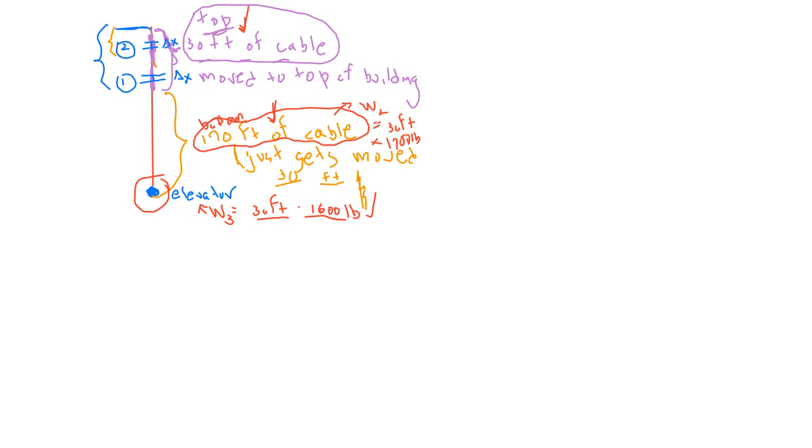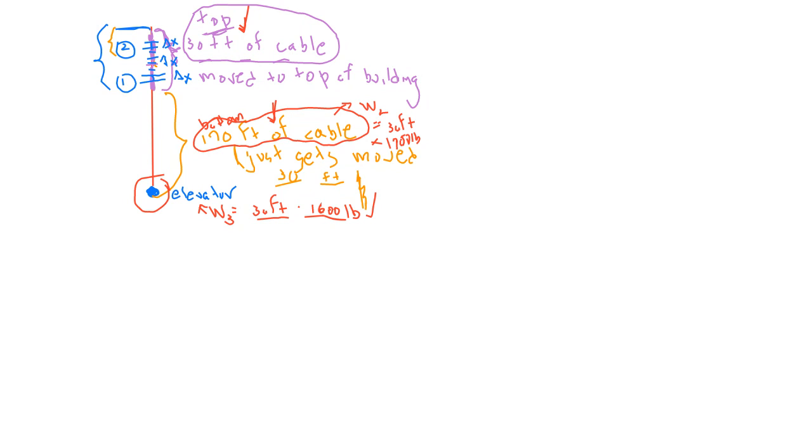The work needed to bring the top 30 feet of cable to the top of the building would be equivalent to taking the top 30 feet of cable and breaking it up into a bunch of little pieces, each of the same width, and then bringing each of them to the top of the building.